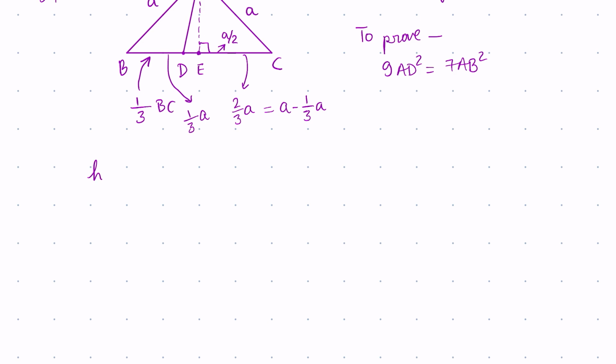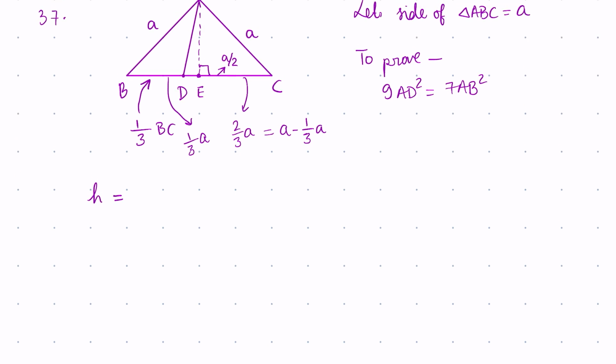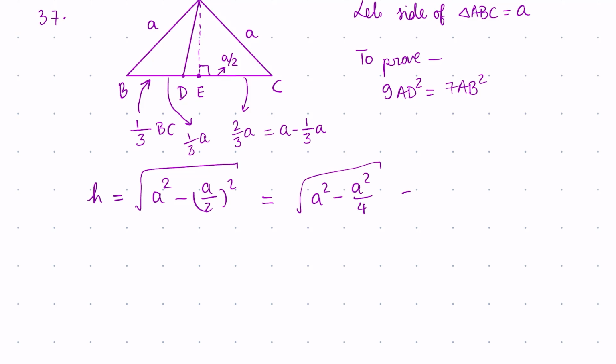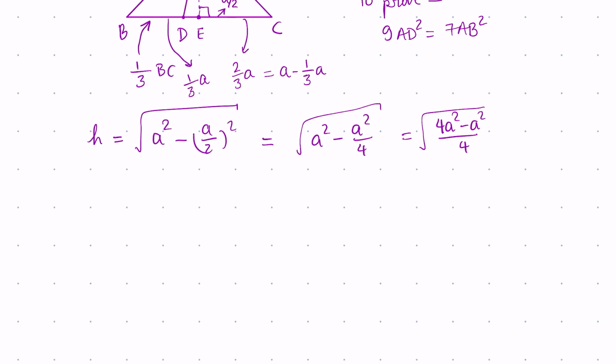Let's say h is equal to, well, we can use the Pythagorean theorem. So that's just the square root of a squared minus (a by 2) whole squared, right? So this is the square root of a squared minus a squared by 4, which is the square root of (4a squared minus a squared) by 4, which is equal to the square root of 3a squared by 4.